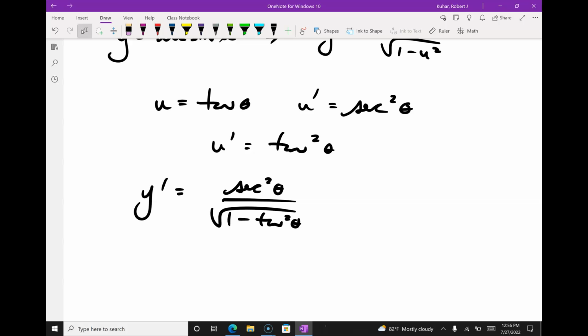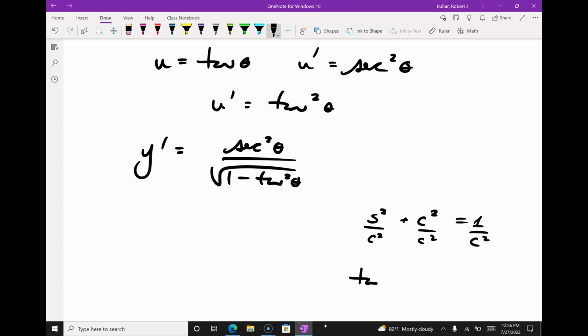But I'm not quite sure I can. The only thing I can try is I know that sine squared plus cos squared is 1, and I'm going to divide everything by cos squared. And I get tan squared plus 1 is secant squared. So there's not really much I can do here, right?